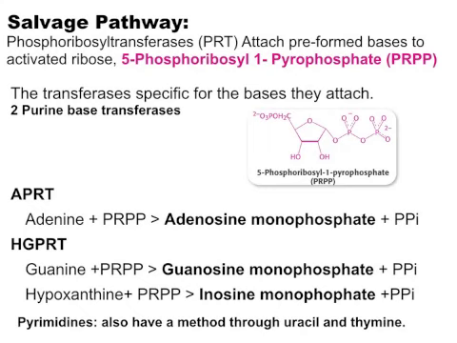Guanine or hypoxanthine are added to PRPP to make GMP or IMP and pyrophosphate, and again these are driven forward by the hydrolysis of pyrophosphate to 2 molecules of inorganic phosphate. A different transferase scavenges uracil and thymine bases.